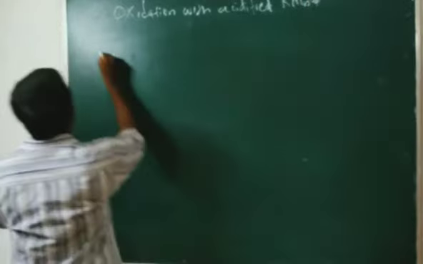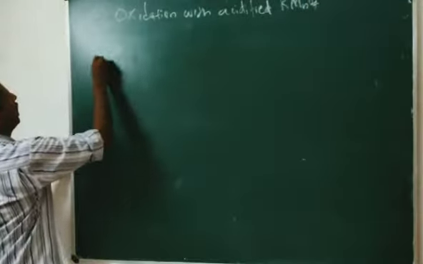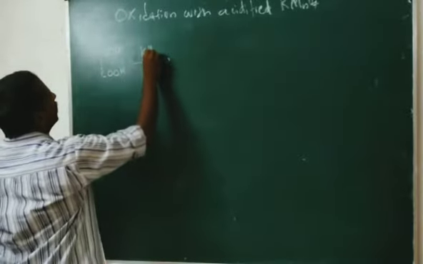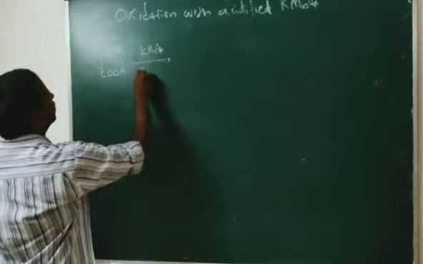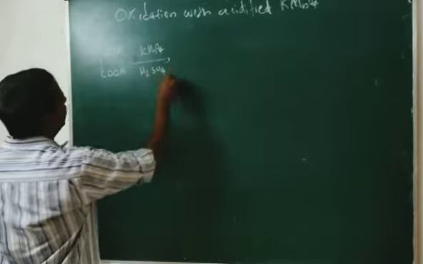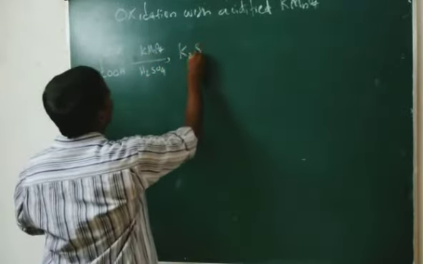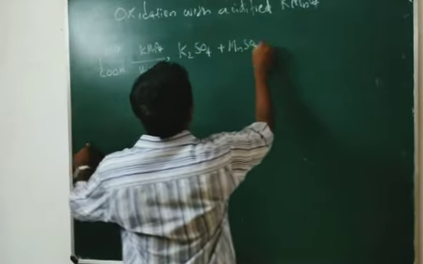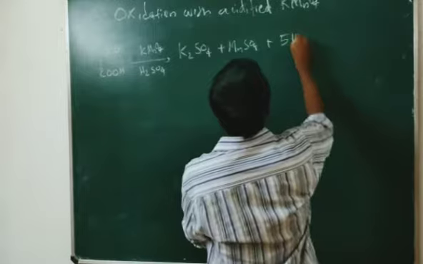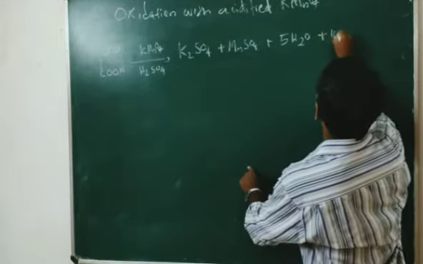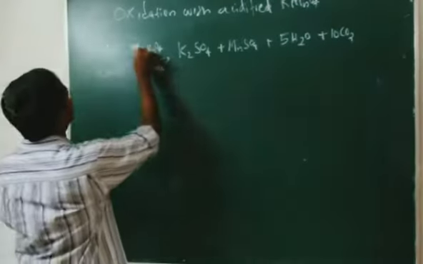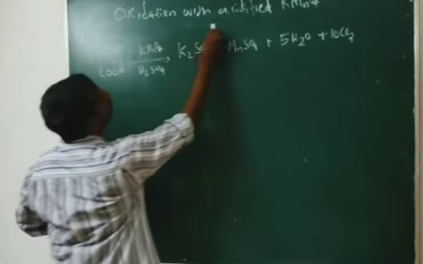We can see that oxalic acid, COOH, on oxidation with KMnO4 in presence of H2SO4, we get K2SO4 plus MnSO4 plus 8H2O plus 10 CO2.